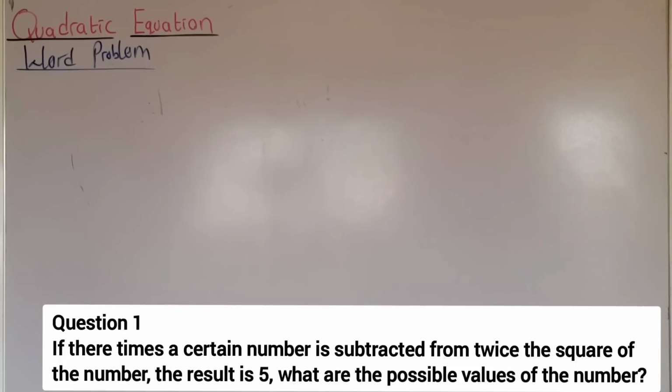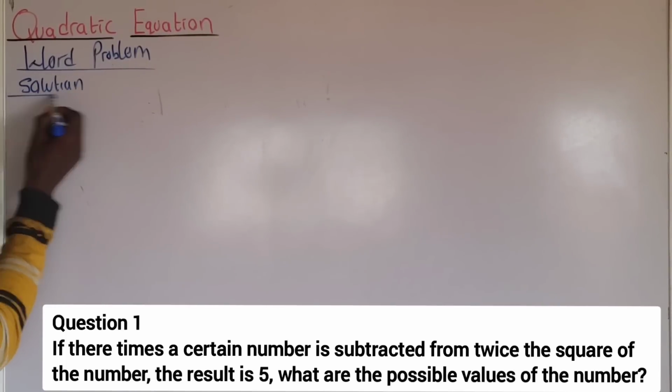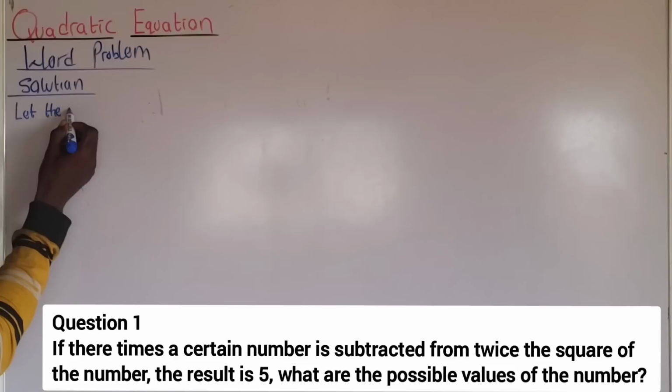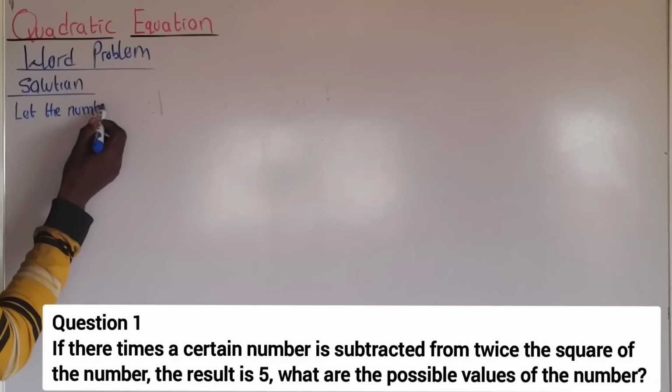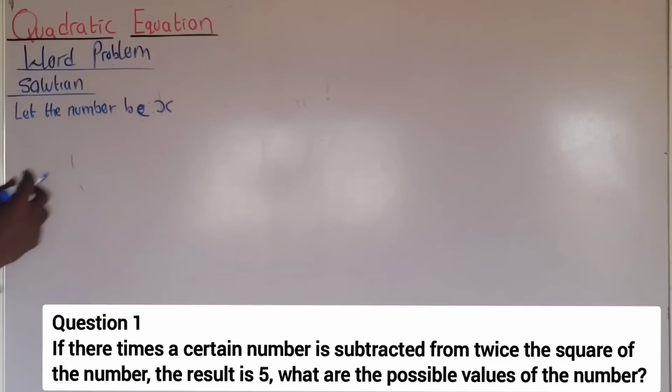The first step is to let the number be a letter. You understand? Represent the number by a letter. In this case, I'm going to choose x. Solution: let the number be x. Now I'm interpreting the question.